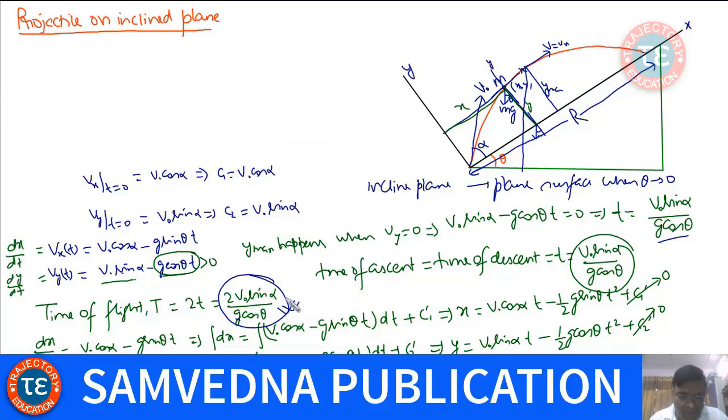The first important formula was time of flight, T equals 2 V naught sine alpha upon g cos theta. This theta was the angle of the inclined plane and alpha was the angle of projection, and we projected the body up the incline, right? And half of it was time of ascent and time of descent.